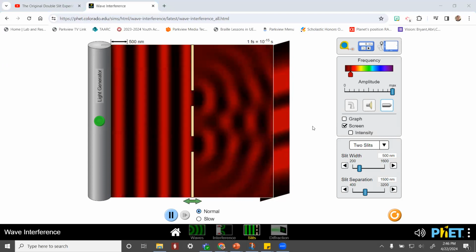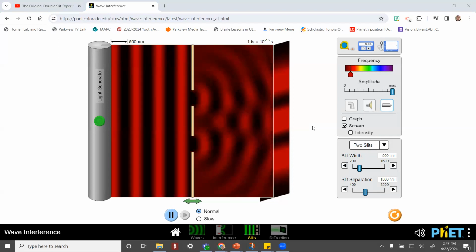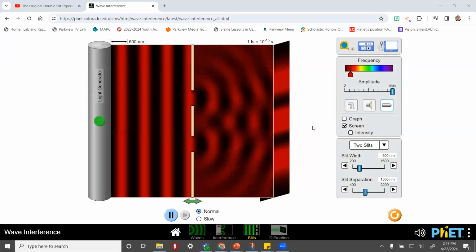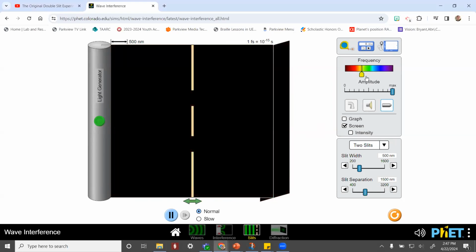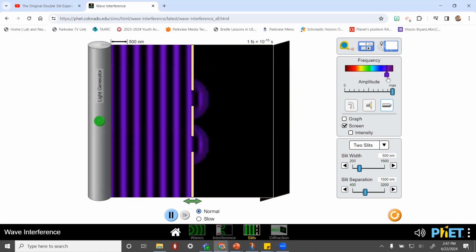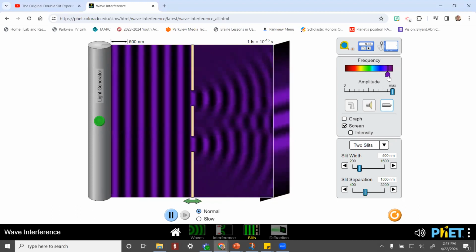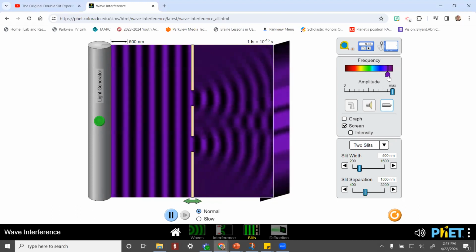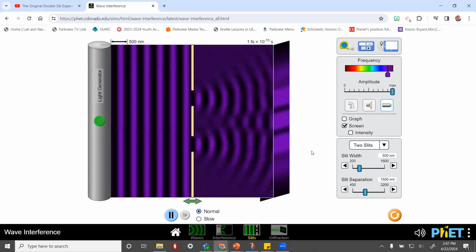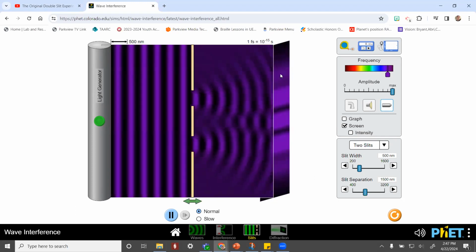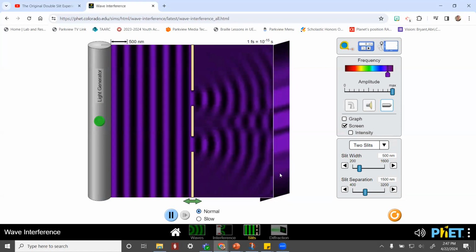So what happens if we change some of the aspects of this experiment? So I'm starting with red light. Red light has the longest wavelength, lowest frequency. If I change this light up to blues and violets, now the wavelength is shorter and it's a higher frequency. And what you notice is over here on the screen, instead of having three wider spots, we now have a faint one here and here, but there are 5 distinct spots.